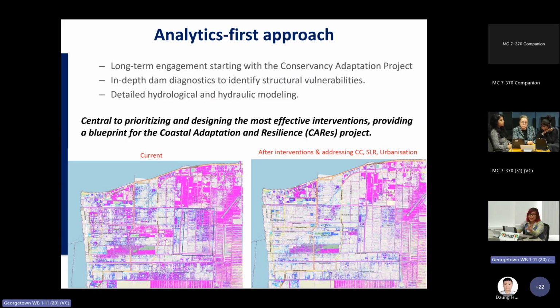This part of Georgetown is already developed, but if you look anywhere to the east and south, massive new urban development is taking place. So these are, I think, considerations when designing flood risk management projects.